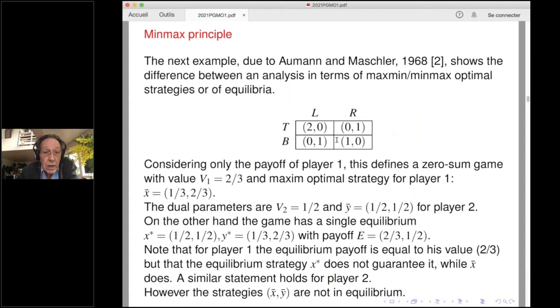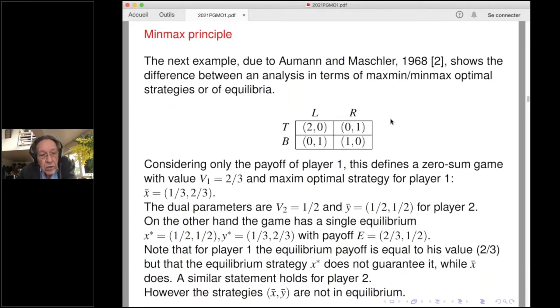If you look only at the payoff of player one and you consider this as a zero sum game, so it's 2, 0, 0, 1. The value is 2/3, and an optimal strategy of player one is to play top with probability 1/3 and bottom with probability 2/3.